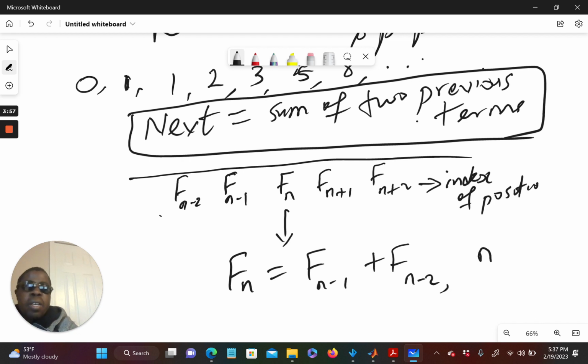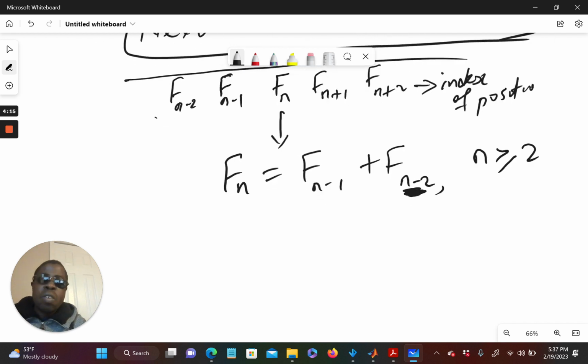And your n must be greater than or equal to 2, so you have to start with a minimum n of 2 here. We don't want to see negative for a reason. Okay? And that is the sequence.